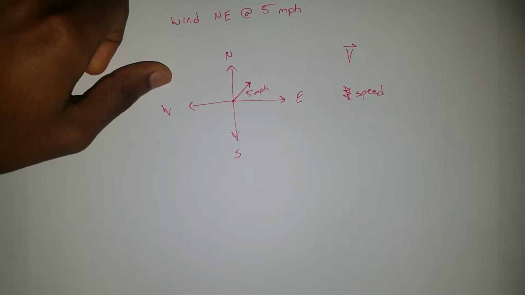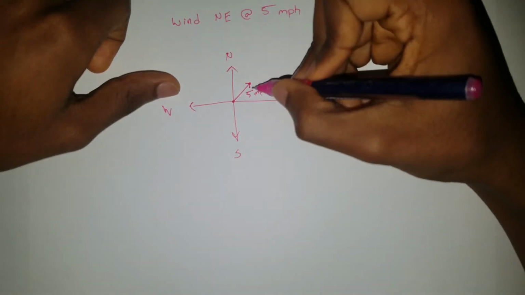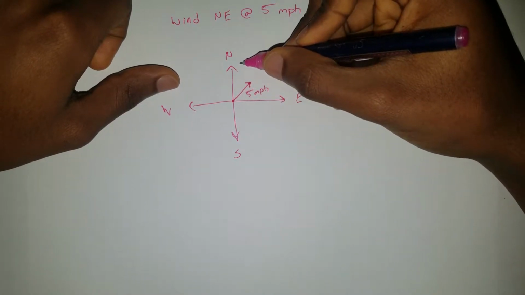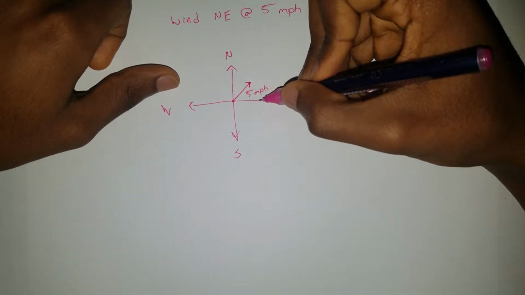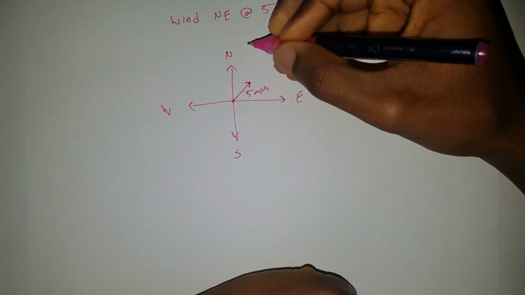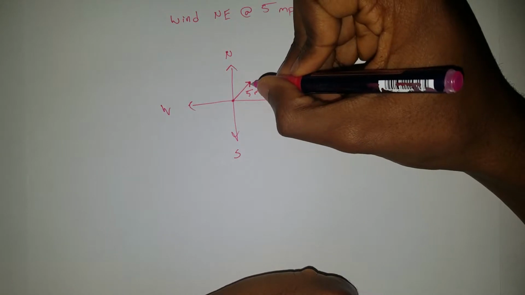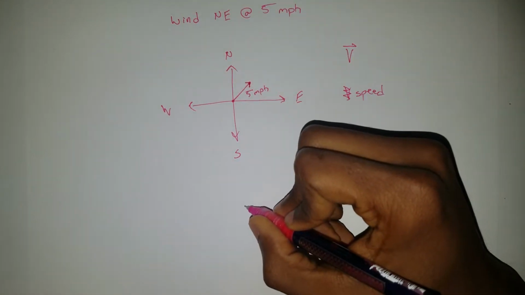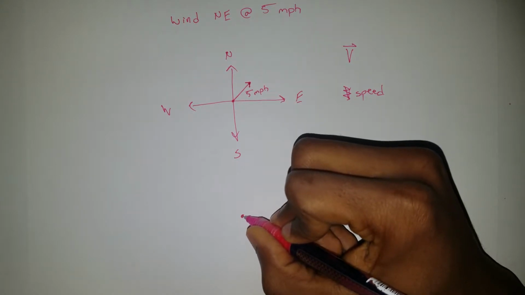So one interesting component of vectors is that they have components. You see, here we have a northern component and an eastern component. Given that it's blowing at exactly northeast, we can find the components very easily. Let me draw it again down here.